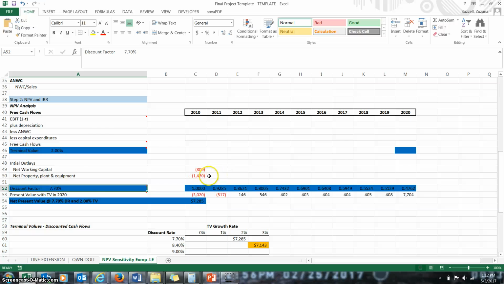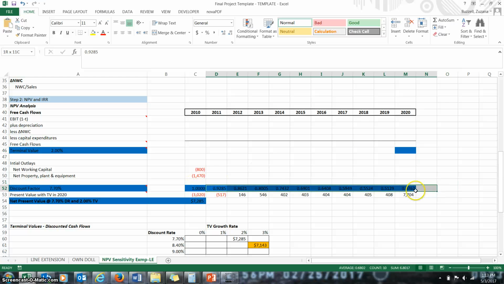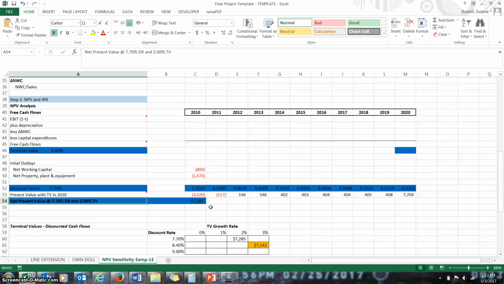And see what I did is pretty much I changed the terminal value here to 2%, and then I calculated the new discount factor, and that pulled in new present values. And obviously I have a formula set up for net present value, so that net present value pulled up right here. So once you have the spreadsheet set up, calculating the sensitivity is not as difficult as it might seem.